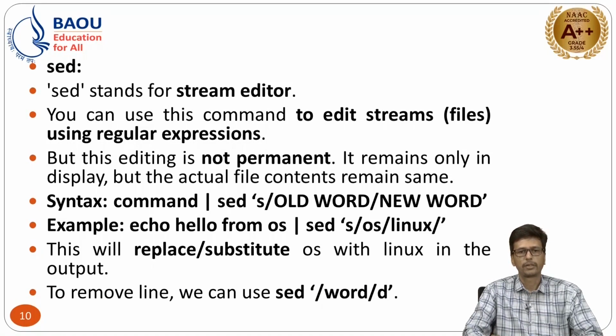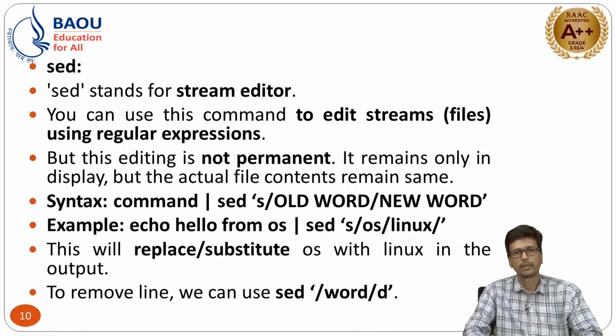Now if you want to remove a line, in that case you require the option d. In the previous case we used s, that is used for substitute. Now d is used to remove the particular line which contains a specific word. In our example on the screen, say your line contains that particular word and you want to remove the whole line.